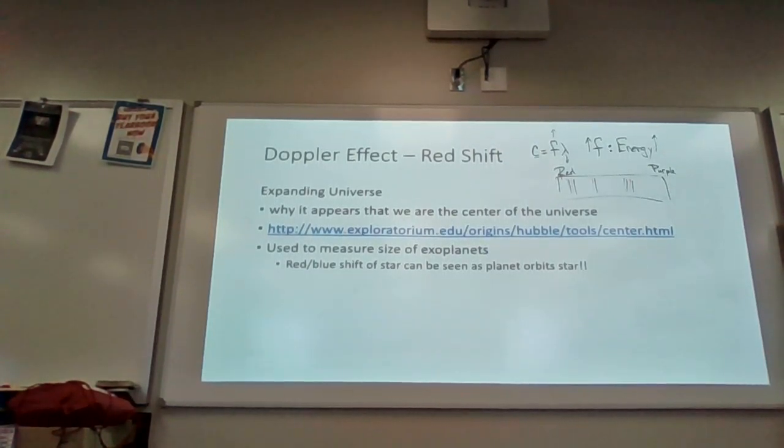They're experiencing a Doppler effect. Their frequency is lower than what it should be because the source of light, instead of sound, is moving away from us at a fast rate. And that's what led us to discover that our universe is expanding.